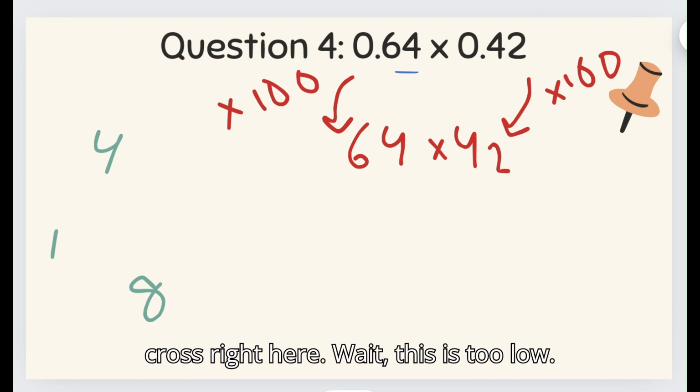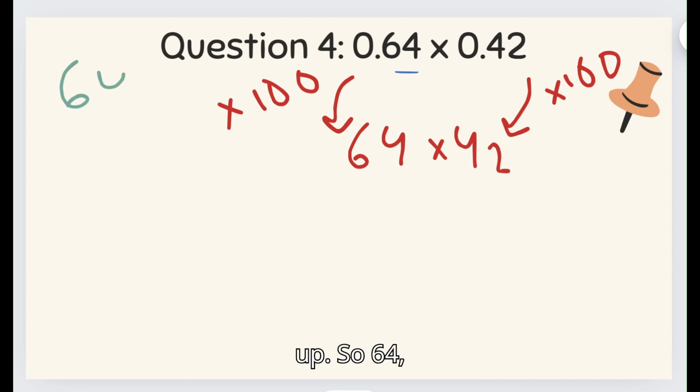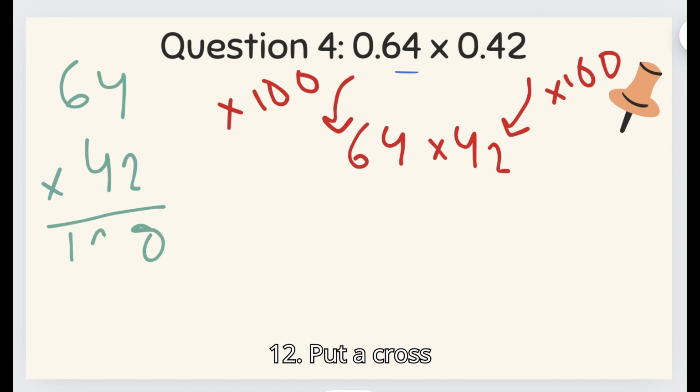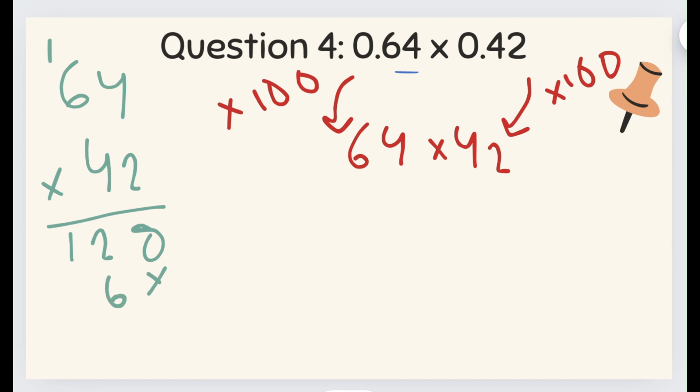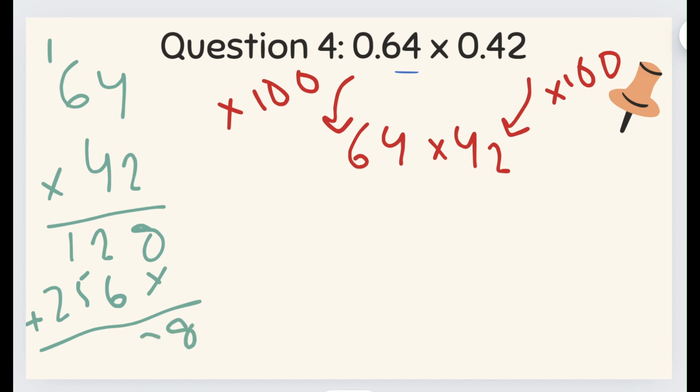Wait, this is too low. I don't have space. I'll have to make it up. So 64 and 42, multiplying together. 4 2s are 8. 6 2s are 12. I'll put a cross over here. Then 4 4s are 16. 6 4s are 24 plus 1, 25. I'll add both of them together. So 8, 8, 6, 2.